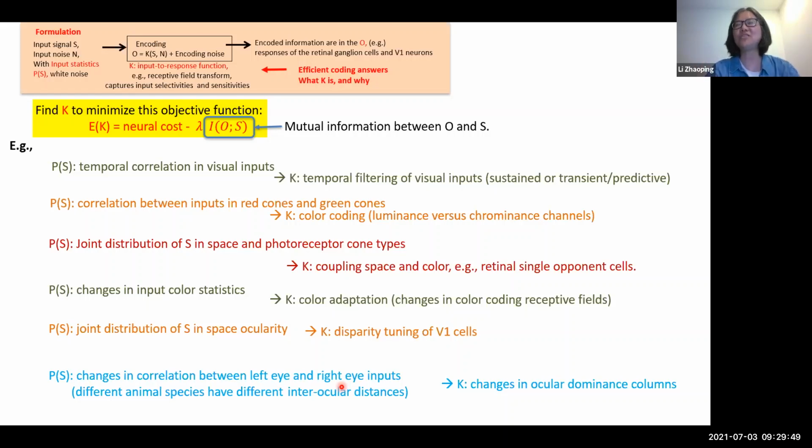Well, these days you can use stereo goggles, like the goggles in 3D cinemas, and you just artificially give people different input to the eyes that's no longer as correlated or more correlated than in your natural environment. You just distorted the input environment. Then the ocular dominance coding will change, and so on and so forth.